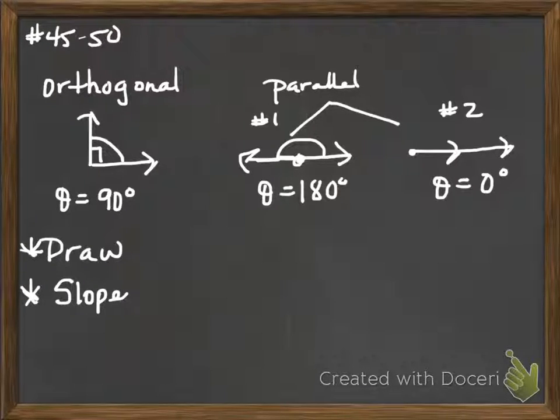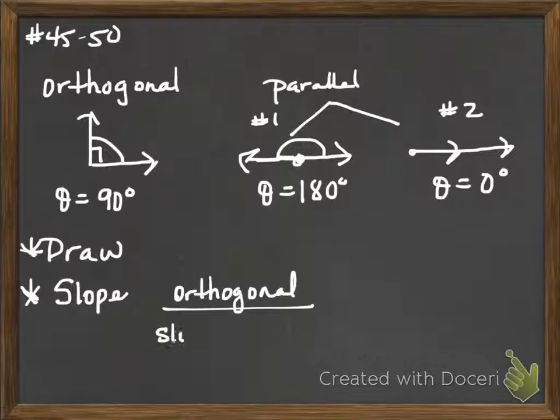Let me remind you that if something is perpendicular or orthogonal, then the slopes are opposite reciprocals. If orthogonal means perpendicular, then your slopes are going to be opposite reciprocals.